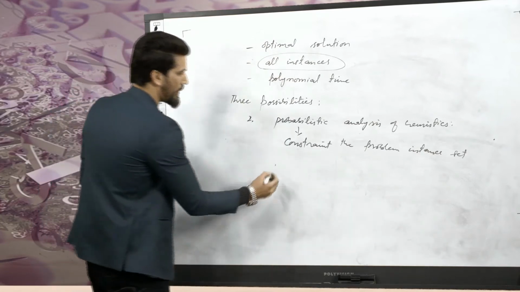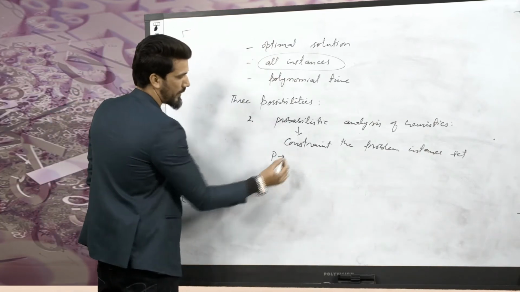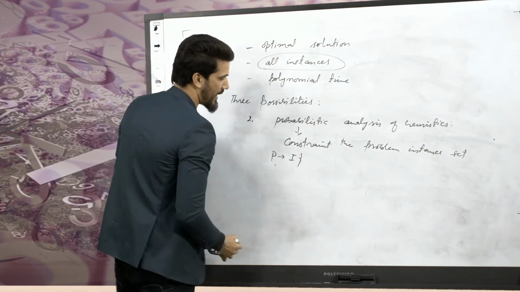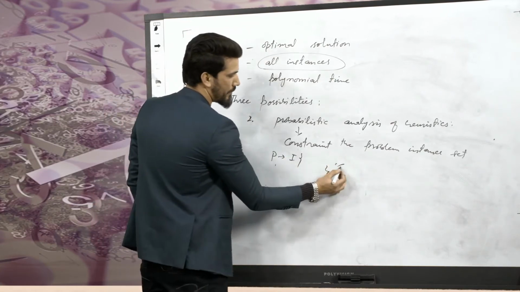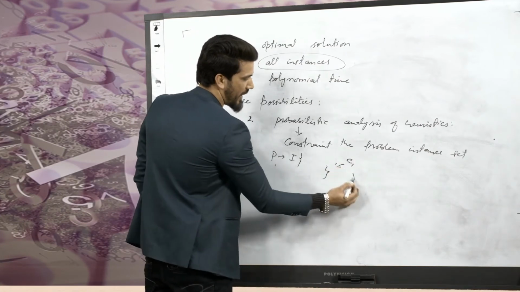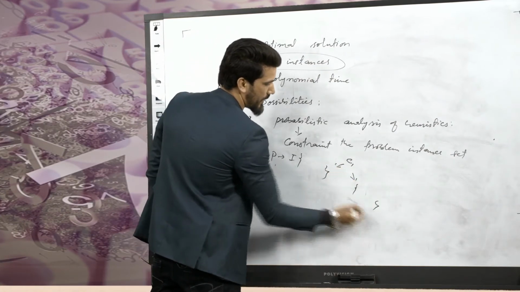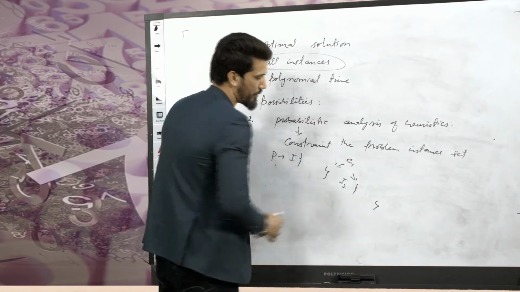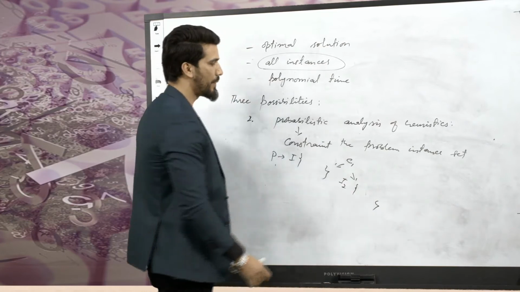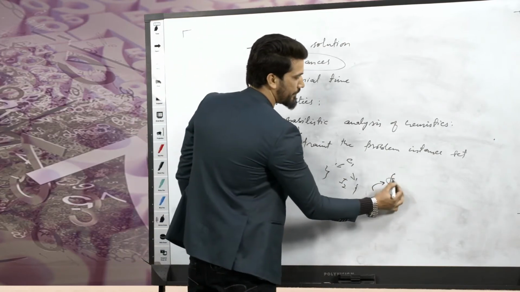If I have a problem P, it has an instance set I, and this I is constrained by some constraint C1, and I'll get a new set I2. And this set I2 can be solved fairly easily.